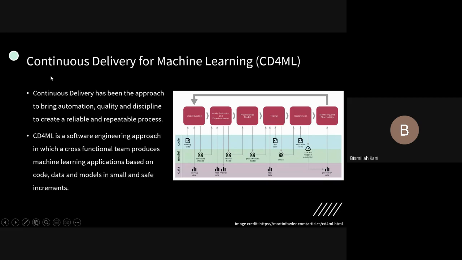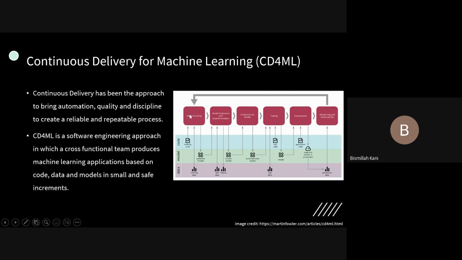Now, AWS recommends certain principles for developing continuous delivery for machine learning. There is something called CD4ML. They have come up with this framework or operating model for creating continuous delivery for your machine learning projects.